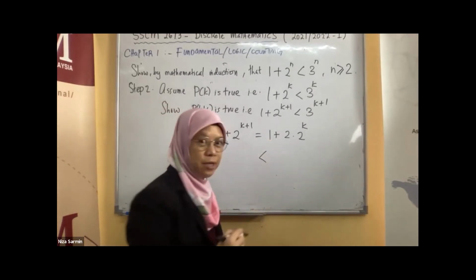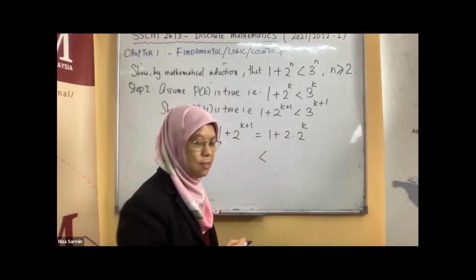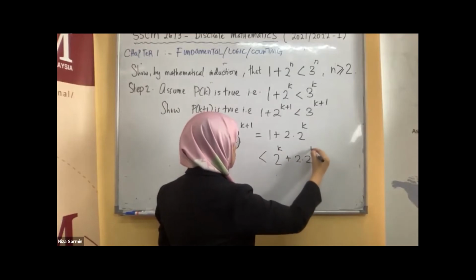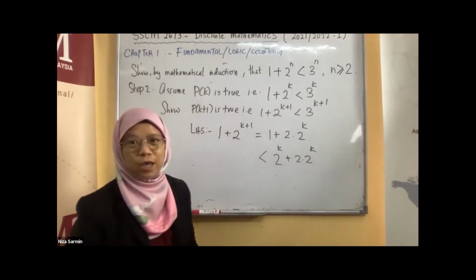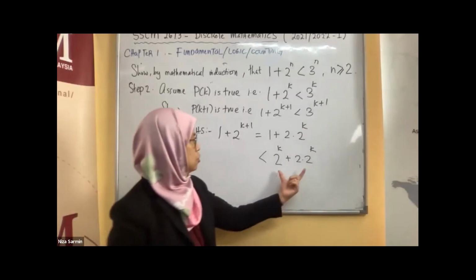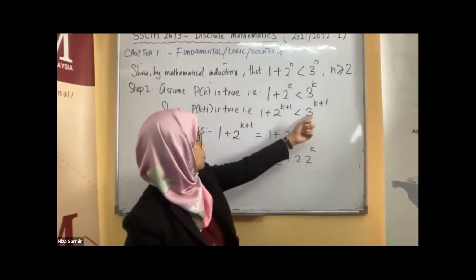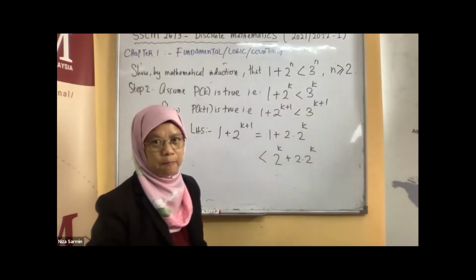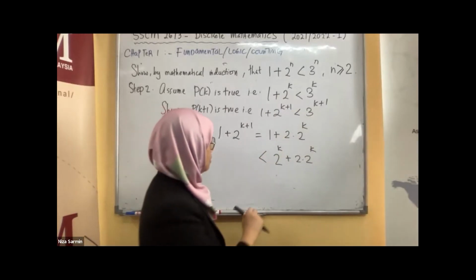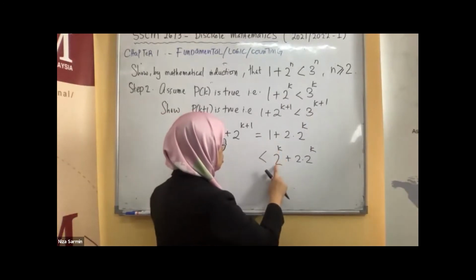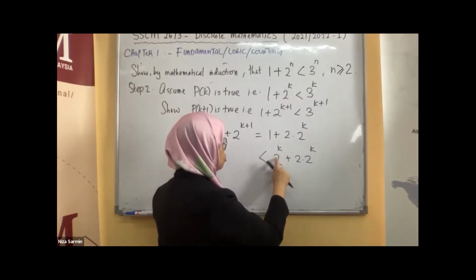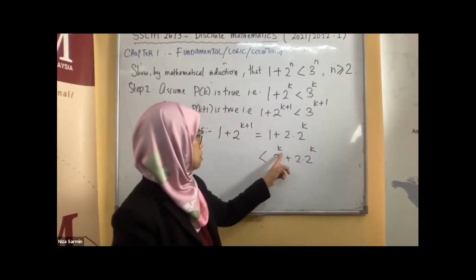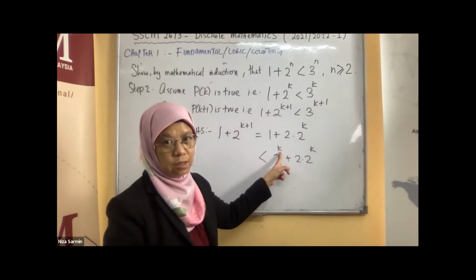But it's less than, right? Yes, less than. Because we want to get 1 plus 2 to the k. Let's try this. From here to here, 1 is less than 2 to the k, because when k starts from 2, you will get 2 squared is 4.